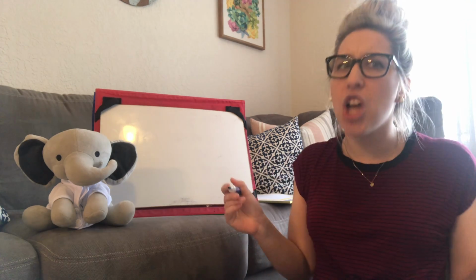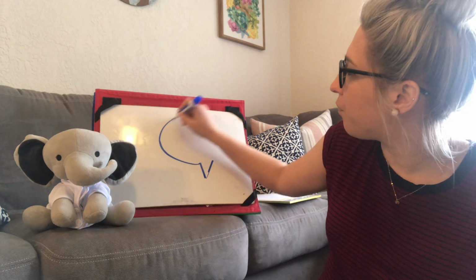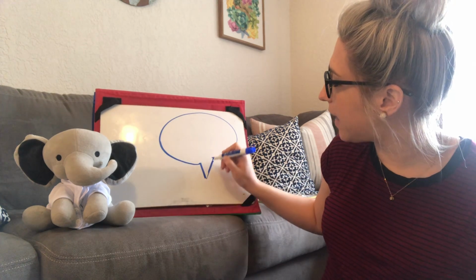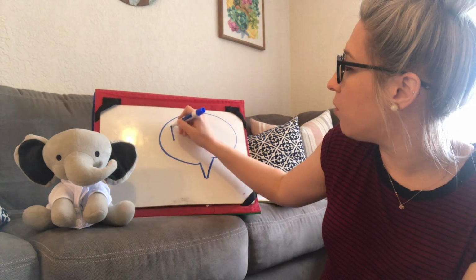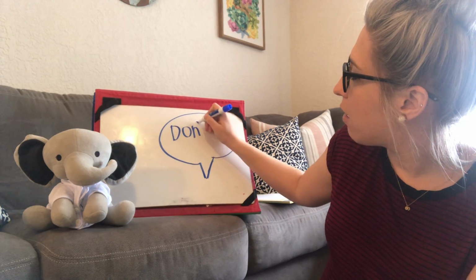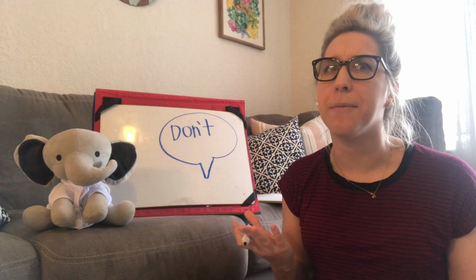Okay, so if Miss Corey wants to write the word don't run, okay, say my character is telling the other character, don't run, and I have my speech bubble here, and I want to say don't run. I might be able to write don't real quick, and then I'm like, how do I write run?